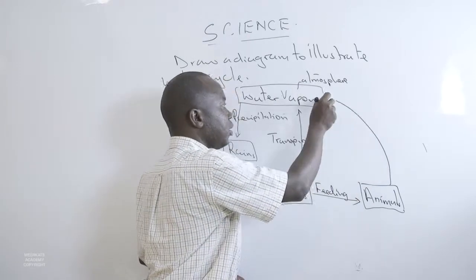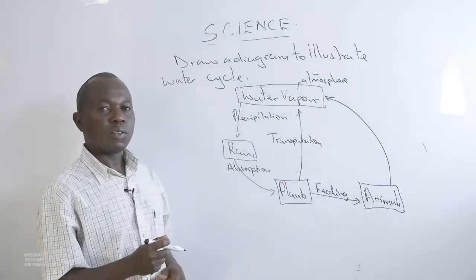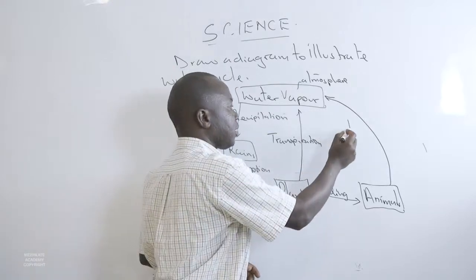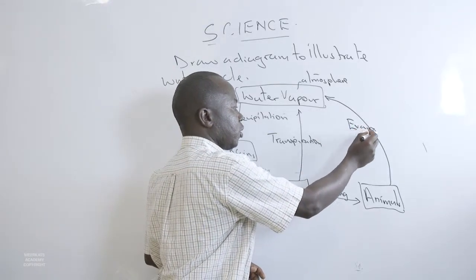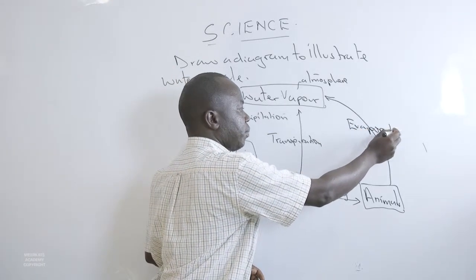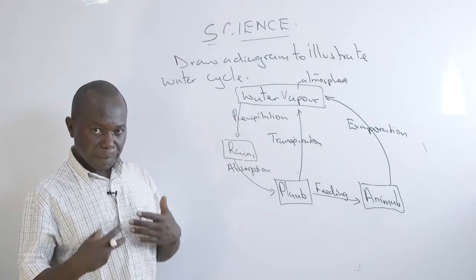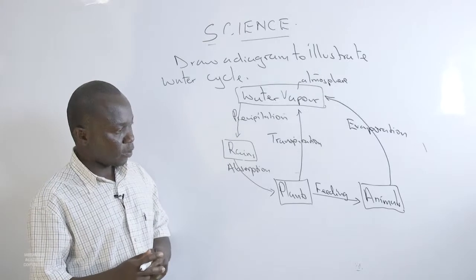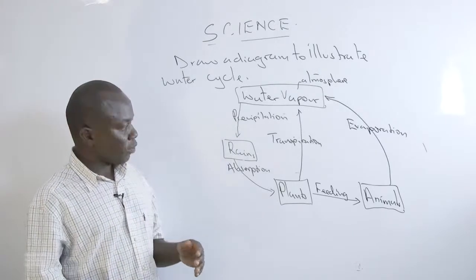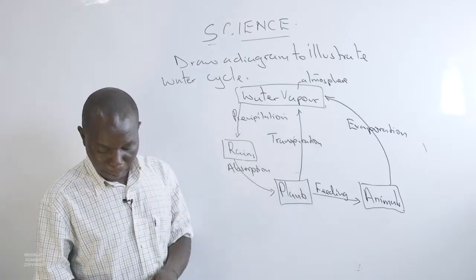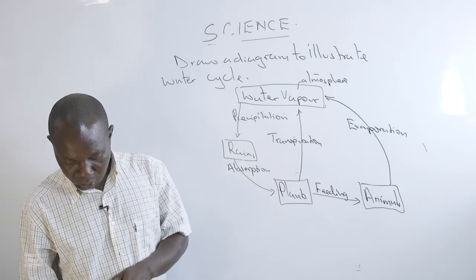Again, from animal bodies, it's not transpiration, but simply evaporation. A very good example is sweating. When you sweat, it comes out with a lot of water.